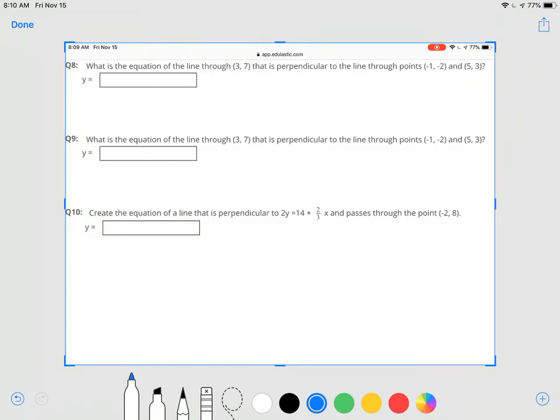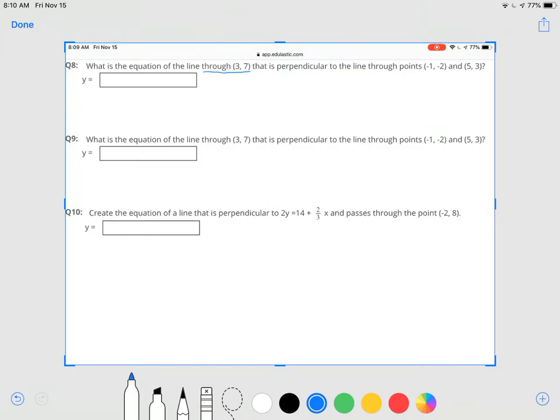Number 8 says, what is the equation of the line through (3, 7) that is perpendicular to the line through points (-1, -2) and (5, 3)? So we want to know the equation of the line that goes through (3, 7). Now if you remember from previous questions like this, we need two things.